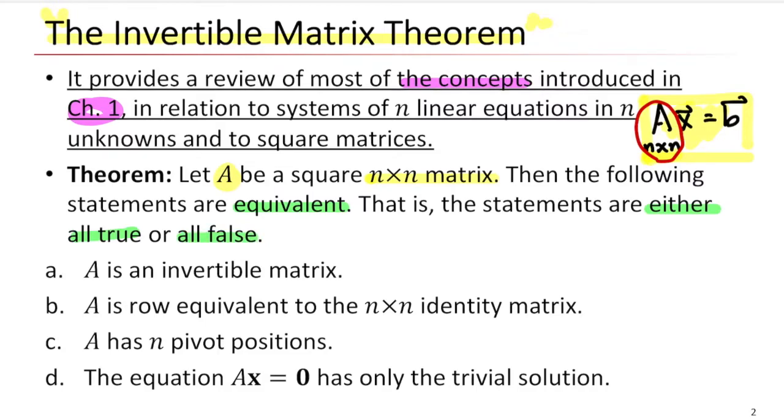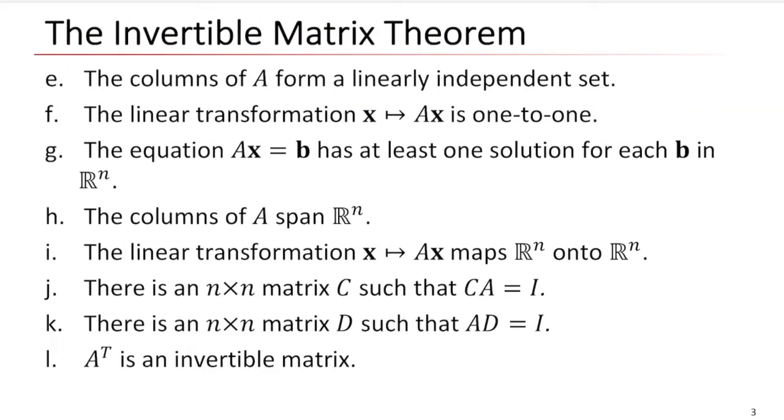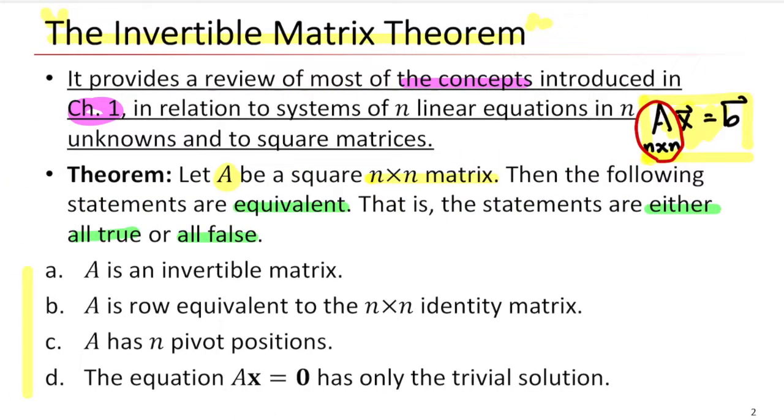It means that the statements from A to I are equivalent. So if one of these statements is satisfied, then all the remaining statements are also satisfied. Otherwise, if one of these statements is not satisfied, then all the remaining statements are also not satisfied.